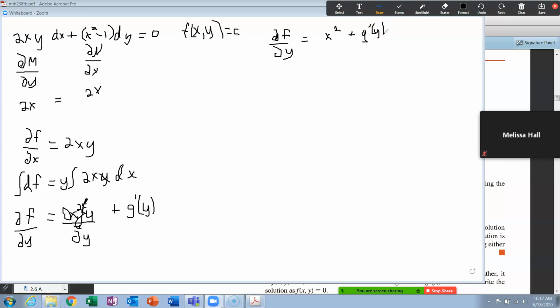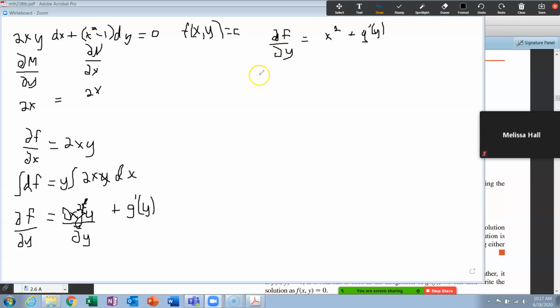Now that's our partial of f with respect to y, with this being our f we had down here. Now this is supposed to be this, so let's put that in its place. Remember, partial of f with respect to y was the coefficient of your dy.